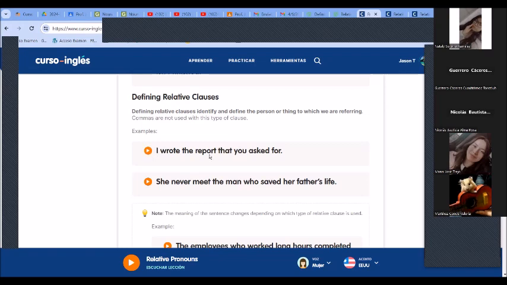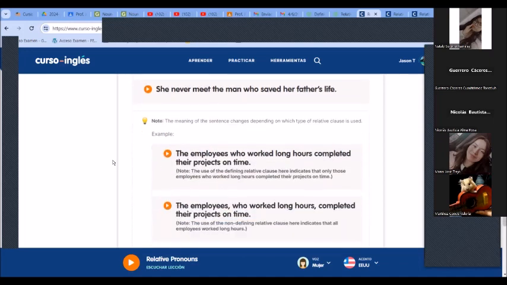I wrote the report. What report? The report that you asked for. She never met the man. Which man? The man who saved her father's life. So in these sentences, the clause is giving relevant, clarifying information, not just extra information. When you have the defining clause, it is telling us something specific. For example, the employees who worked long hours completed their projects on time.